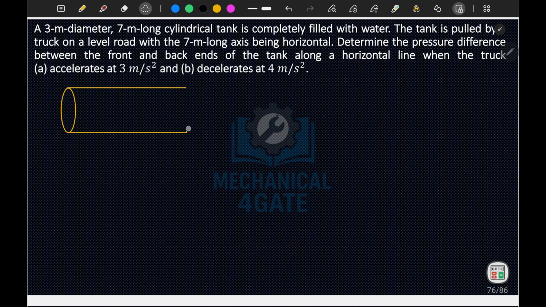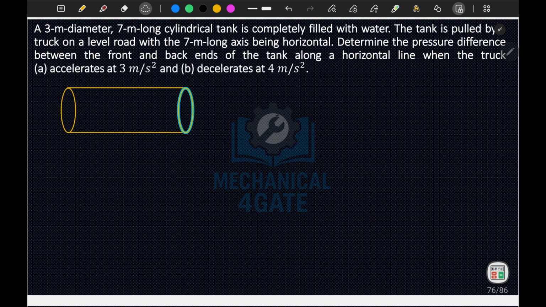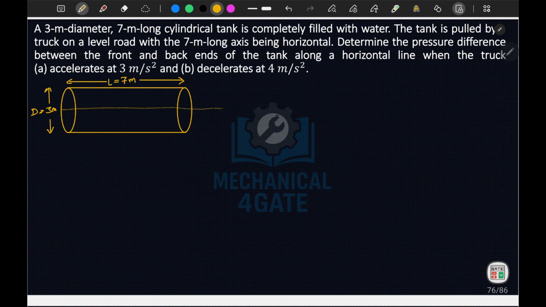Your diameter, that is d, is equal to 3 meter, and length, that is L, is equal to 7 meter. Now this is the central axis.